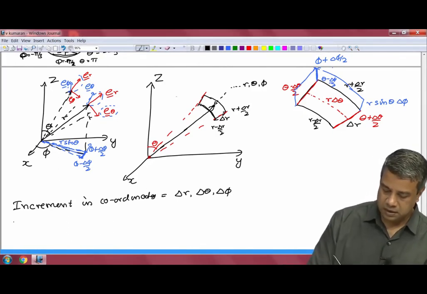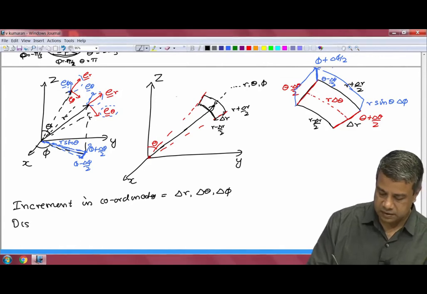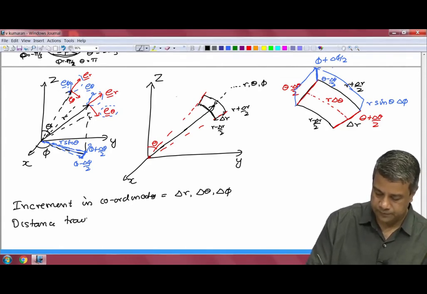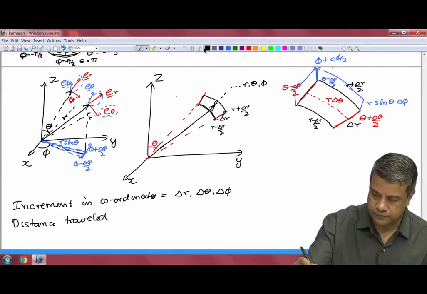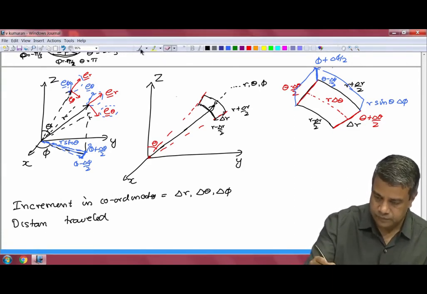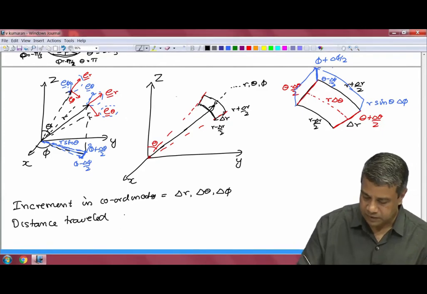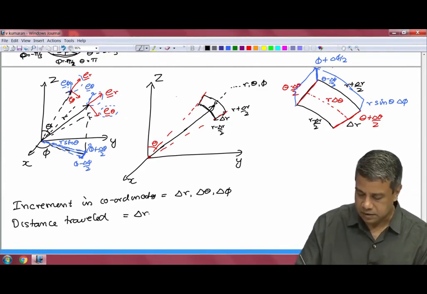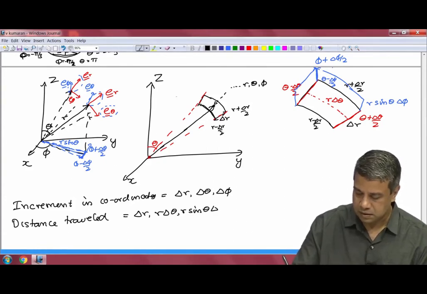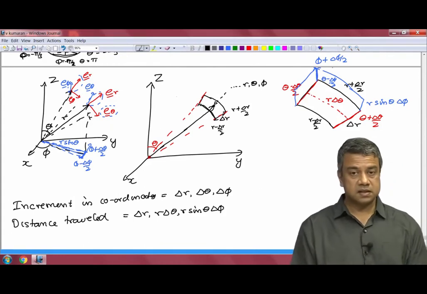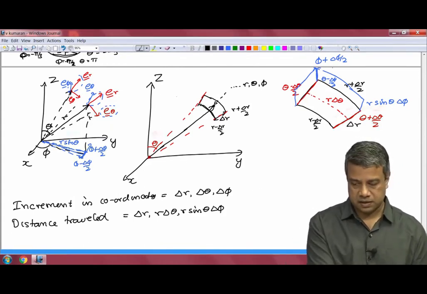And now, the distance travelled is equal to delta r, r delta theta, r sin theta delta phi. That is the distance travelled in the 3 coordinate directions.